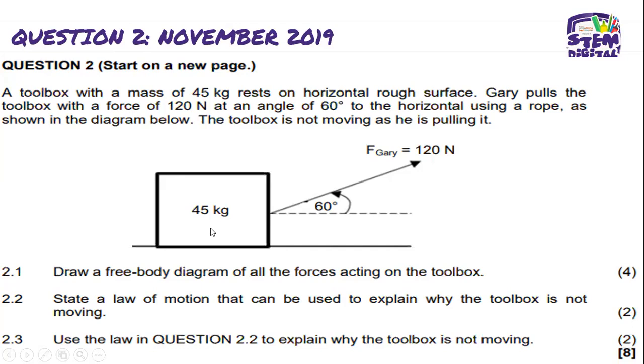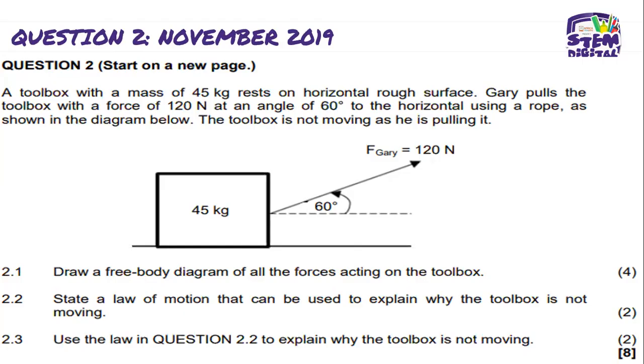And if the forces are balanced, it means that the net force is 0. And if the net force is 0, the object is not going to accelerate. The object will remain at rest because the net force that is acting on the object is 0. That is the explanation of why this object is not moving.